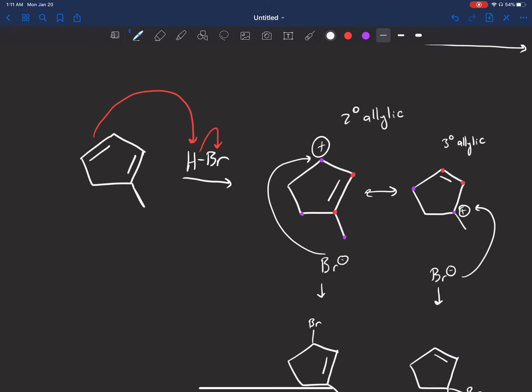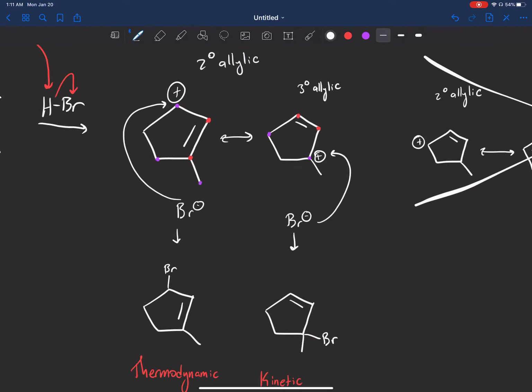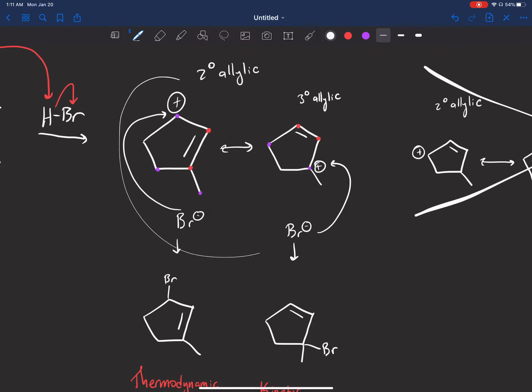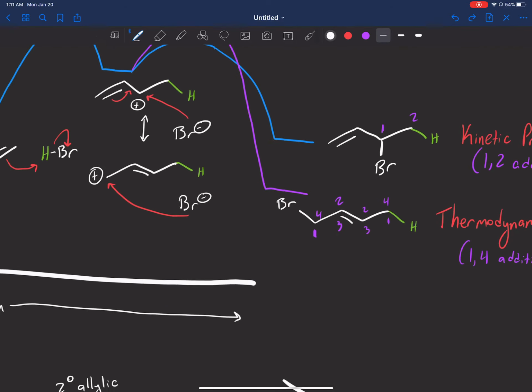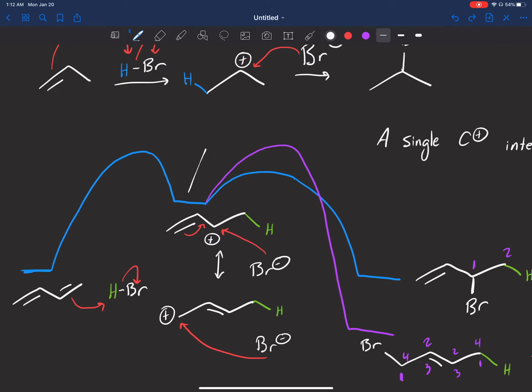The electrophilic sites are the two possible carbocations we form, like we did in this example, but it is considered one carbocation intermediate. That's why right here, that plateau, that is the intermediate.